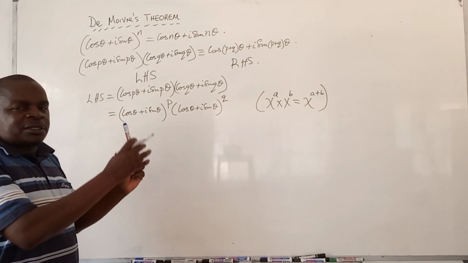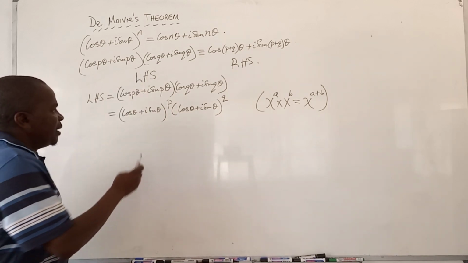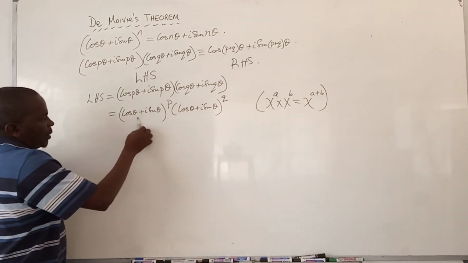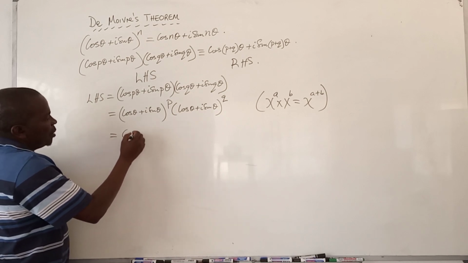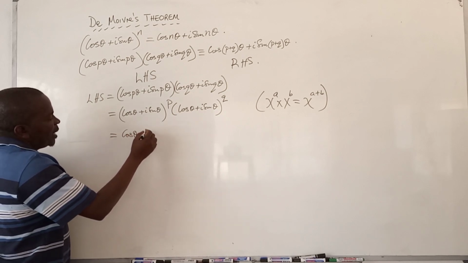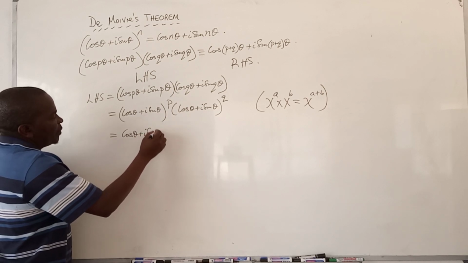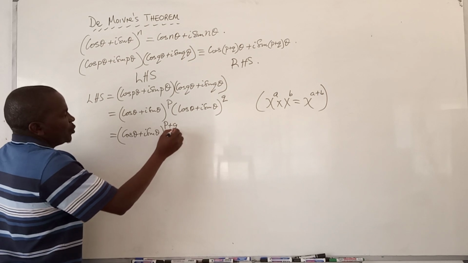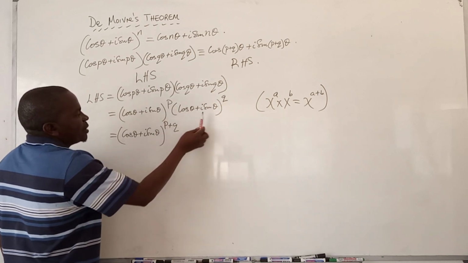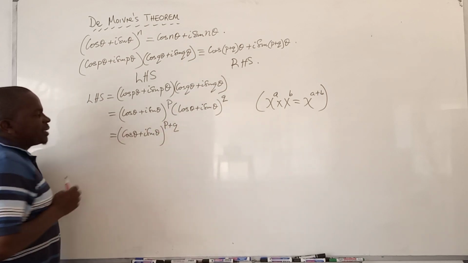We are having one base and the sum of the powers. Now, since these two brackets are equal, our result is going to be cos of theta plus i sine of theta, all raised to the power of p plus q. I've added these two powers because these two bases are equal.